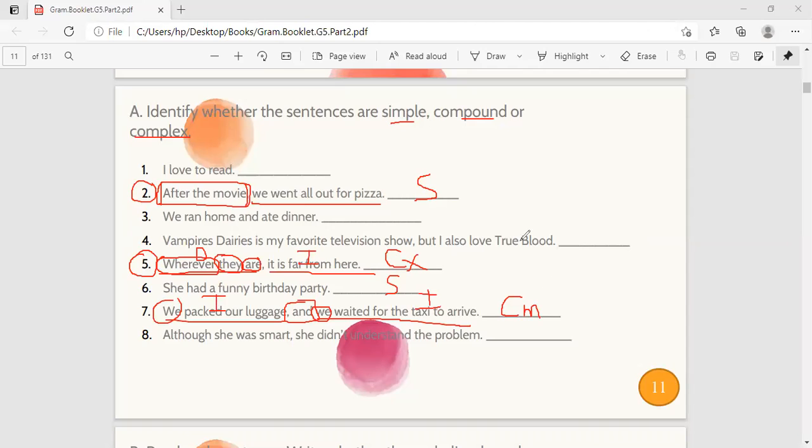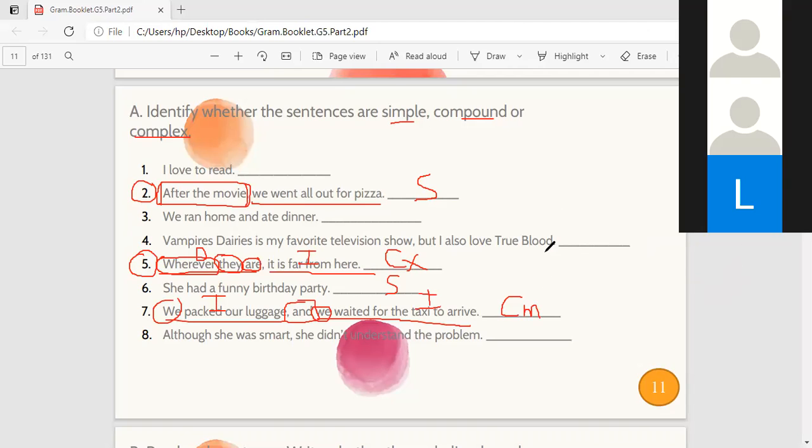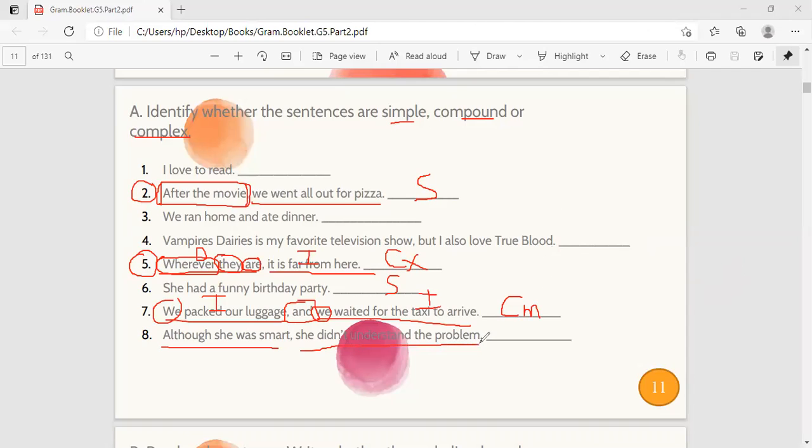It's a sentence, but is it simple, compound, or complex? Simple. We have only one independent clause here? No. What do we have here? Let's check. Although she was smart, she didn't understand the problem.